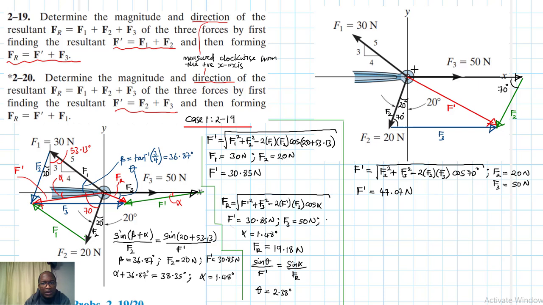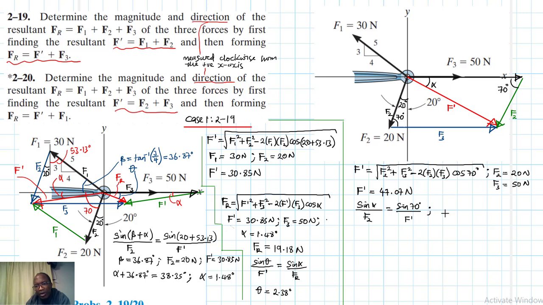Alright, let's also find this angle here. Let me call this angle alpha, since I'll need it. I'll use the sine law. Sine alpha divided by f2 is equal to sine 70 divided by f prime.